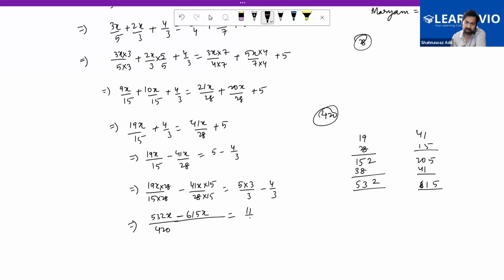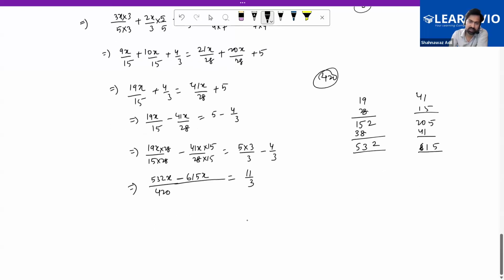So that is 11 by 3. Right. So how much is this? So this is minus 83x, and then this is 11 by 3, x divided by 420.